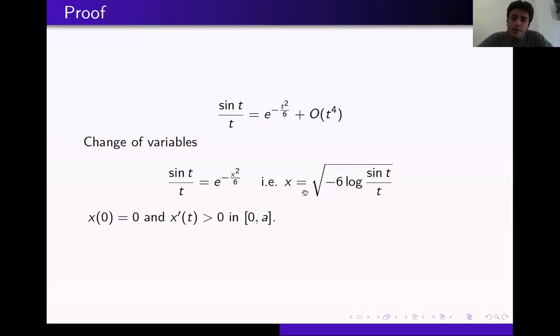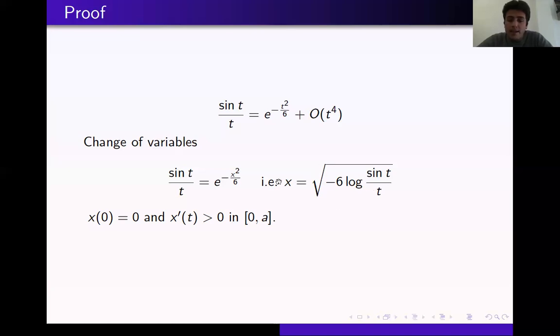This is the reason why we are considering a to be strictly smaller than pi over 2, in order to have a function defined in a compact interval, so that its image goes to a compact interval, not an unbounded interval.